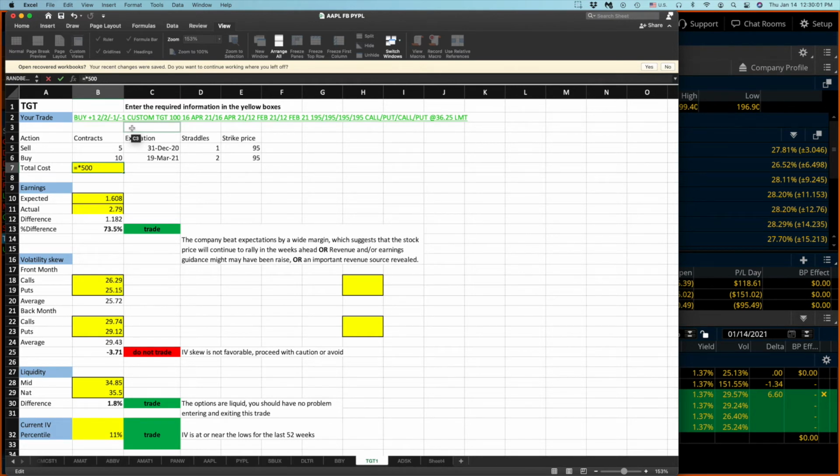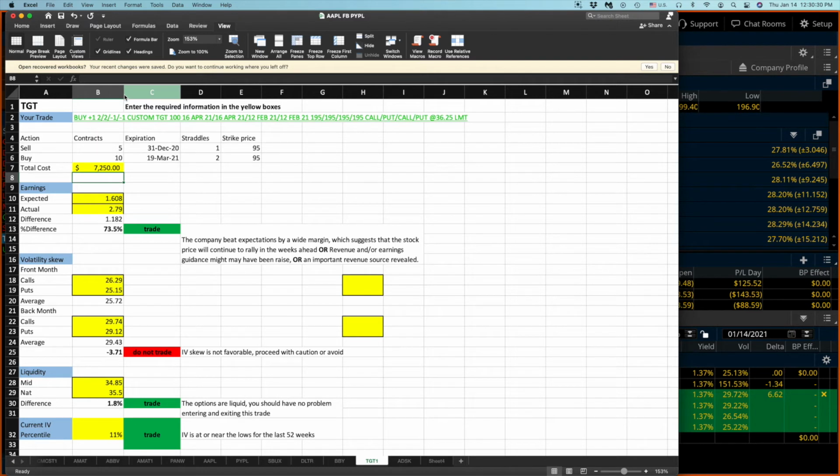Equals 36.25. This is by lot, okay? So we could probably do 2 or 3 lots. How about if we did 3 lots, that would be times 300. No, that's too much. That's more than 10% of my account, which is $91,000 right now. So I'm going to do just 2, and that's definitely less.